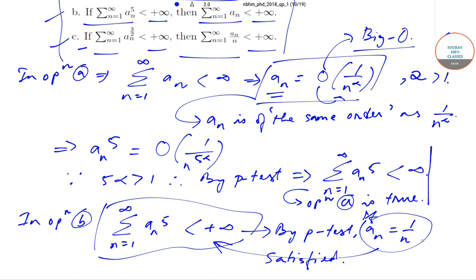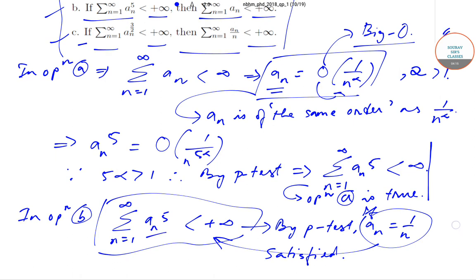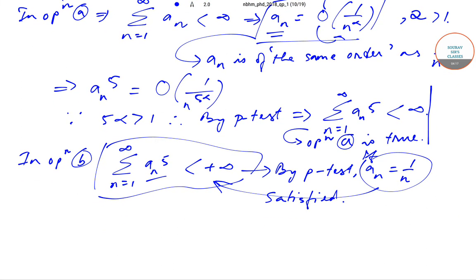But now if we find the summation of a_n as n goes from 1 to infinity, this will be equal to the summation of 1 by n, and we'll see that this is basically equal to infinity.